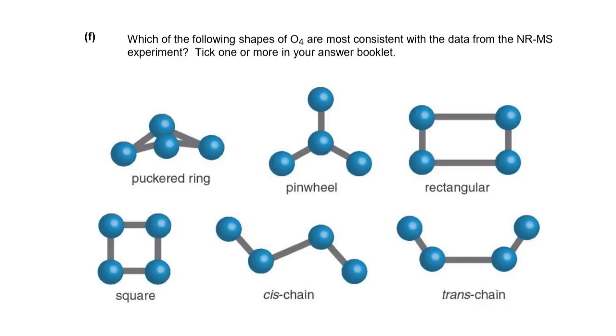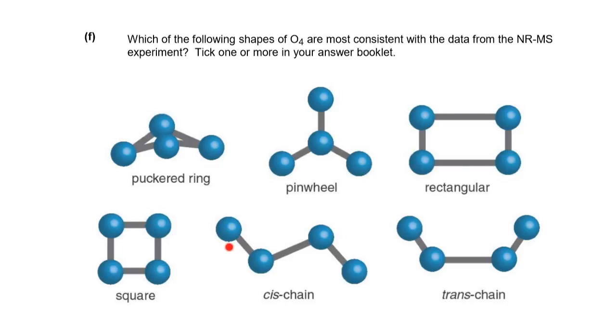Similarly, in the cis and the trans chain, it's probably far easier to break this middle bond, which is weaker, and if this is the 16O and 16O, we're going to retain that, and 18O, 18O here, and we're not going to get mixing and forming a 16O 18O molecule.